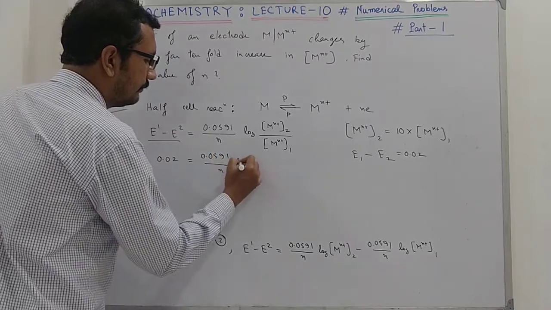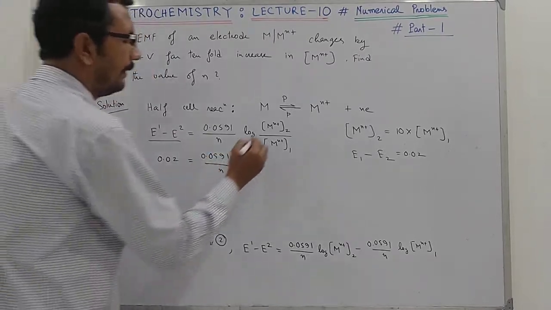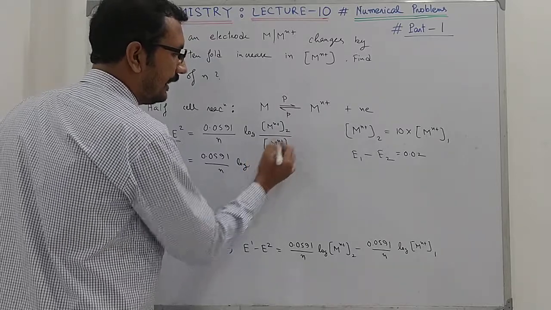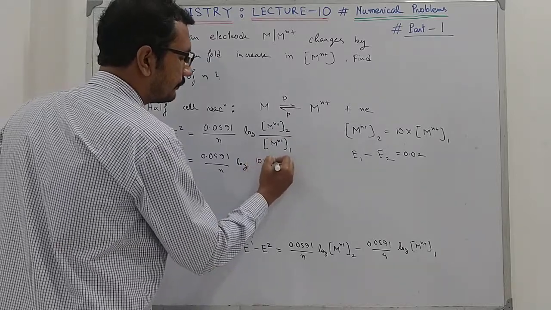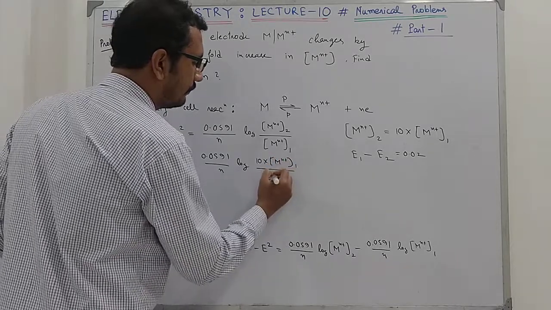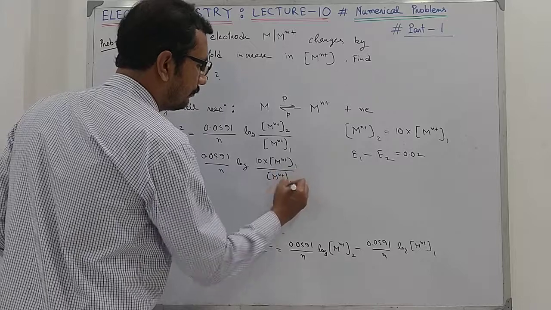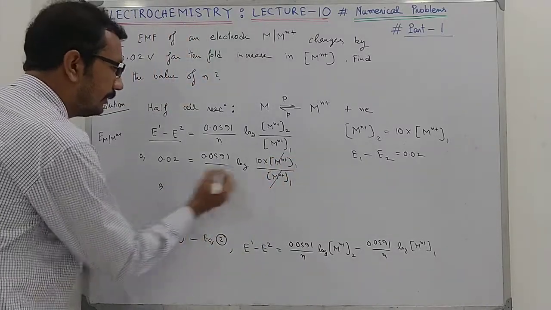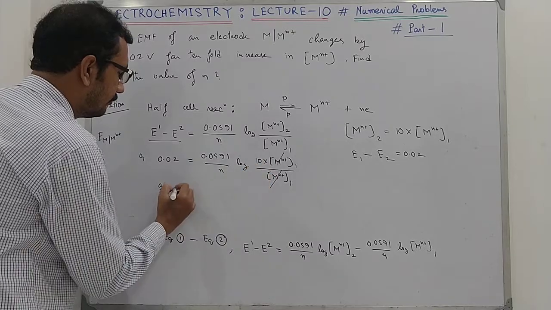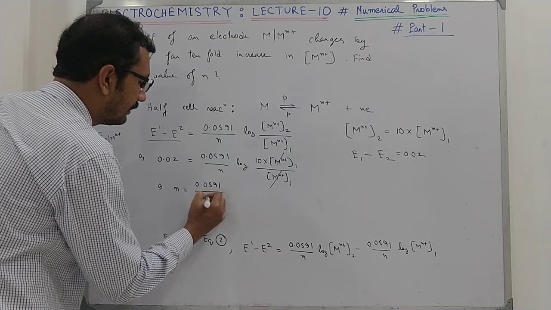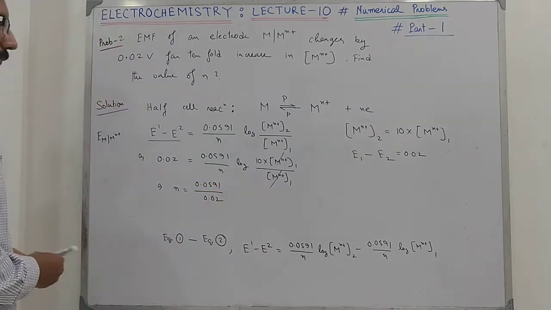equals 0.0591 by n log. Here we put the relation, so it will be 10 into Mn+ 1 by Mn+ 1. It will cancel. Now log 10 equals 1. So you get n equals 0.0591 by 0.02.